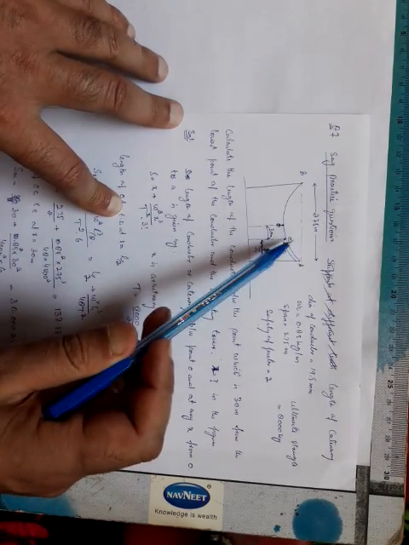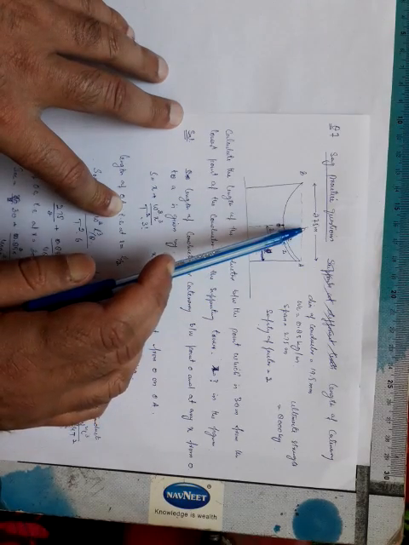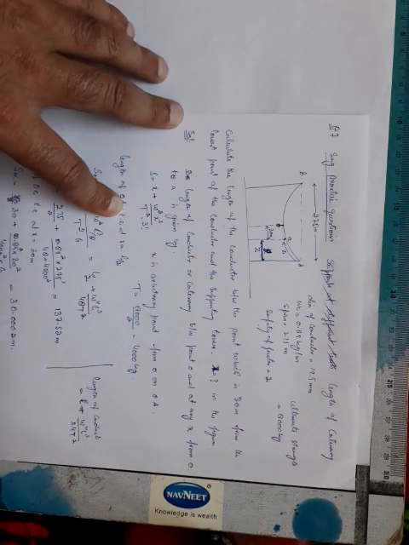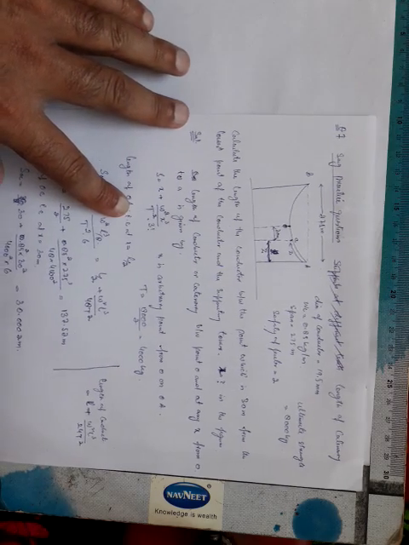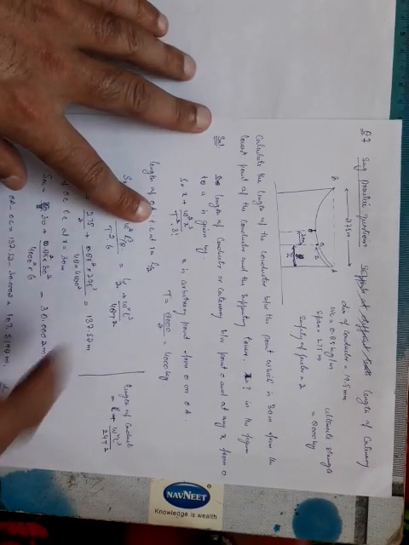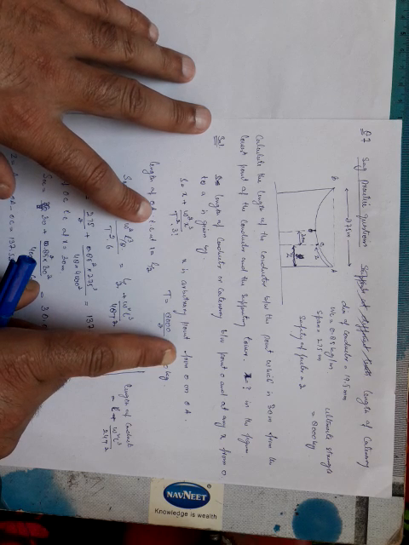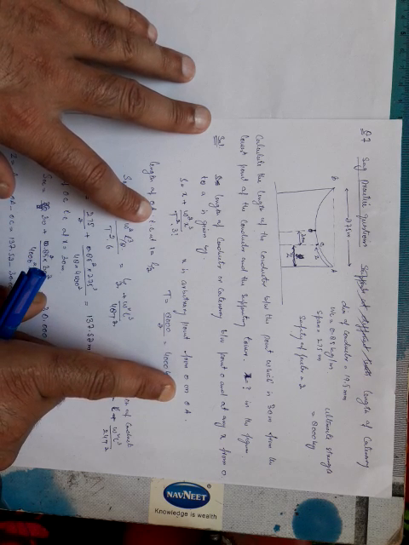L by 2 is the half span of the conductor. So we can say that x is an arbitrary point from O to A.